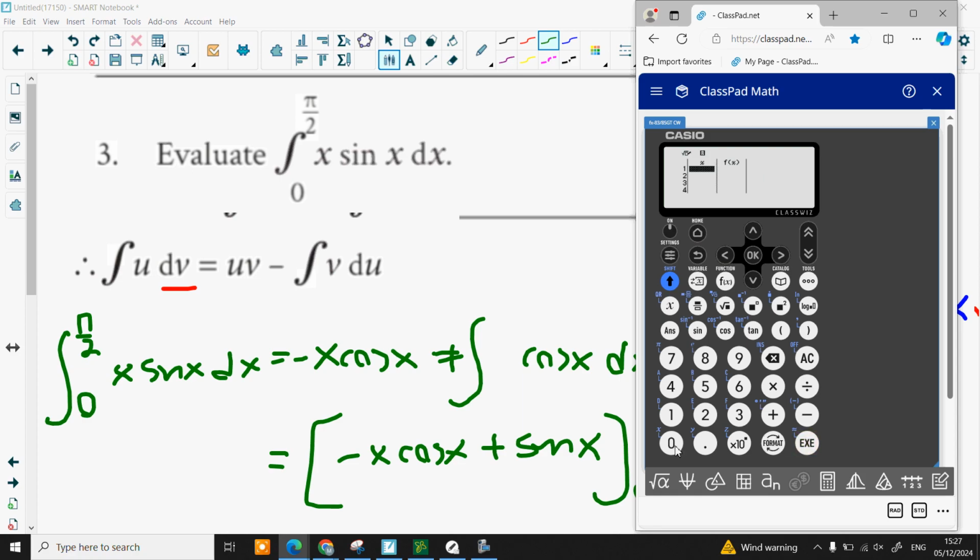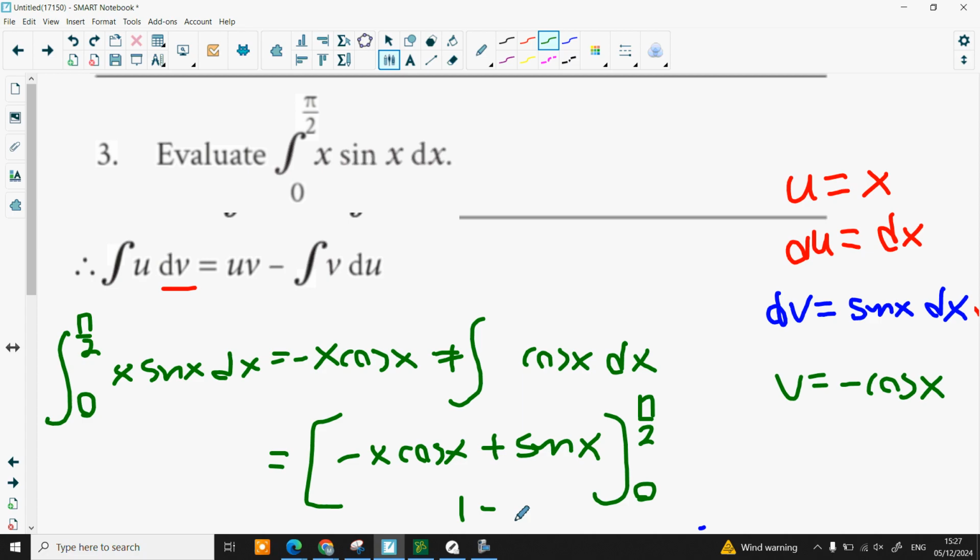And my two limits? 0 and pi over 2, isn't it? 0, and then where's the pi button on this again? Shift 7, and then divide that by 2. And there's my two limits. 1 take away 0, and I'm sorted. And the answer is 1.